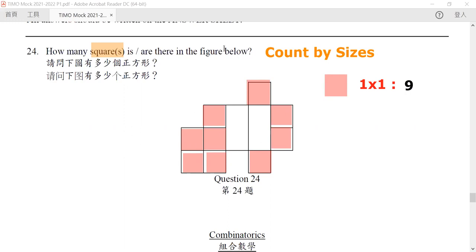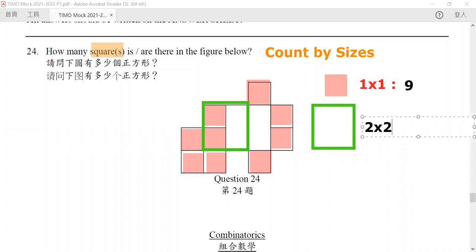Okay. Now, this is not just a square of one by one. There are also squares of 2 by 2, like this. This is a square of 2 by 2. So how many squares are there of 2 by 2? Again, let us count it together.